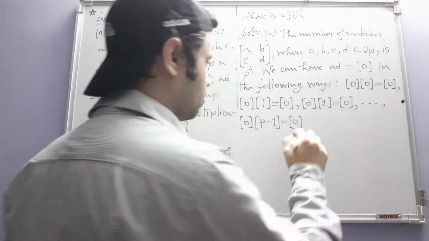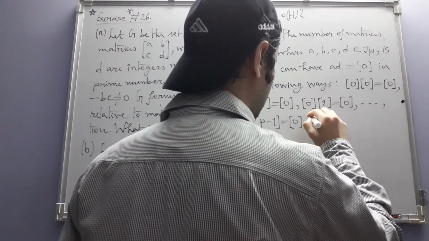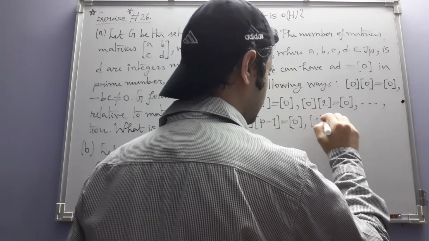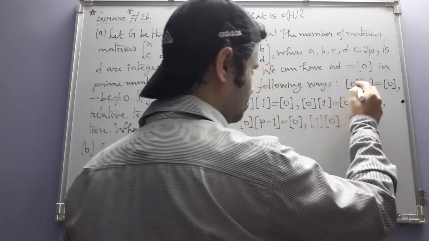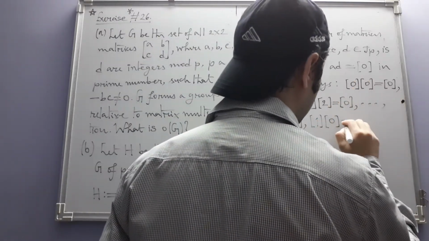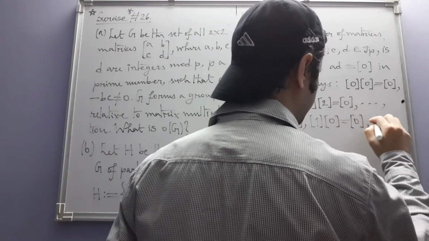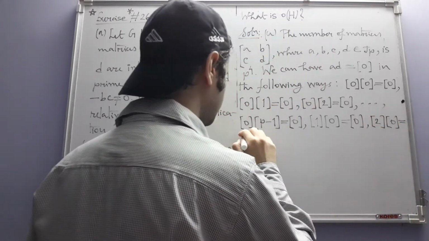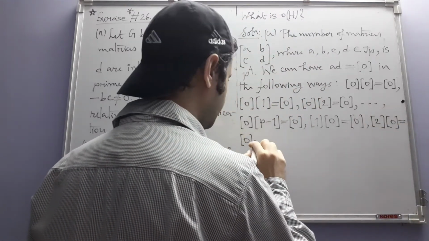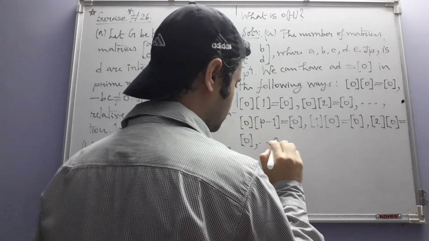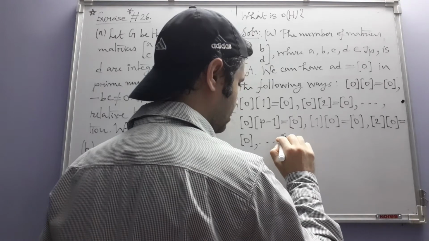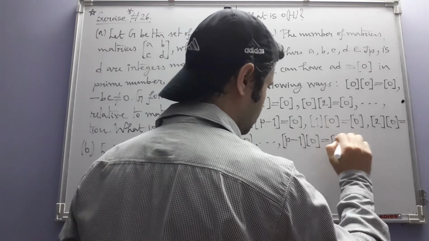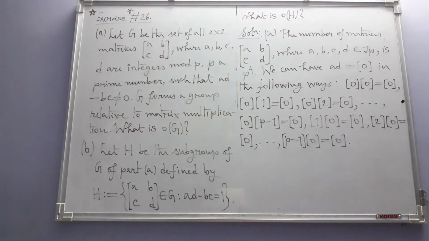Or B can be 0 and A changes. One of them we already have here, so we are not writing it once more. So this is equal to 0. And then P minus 1, 0 is equal to 0.